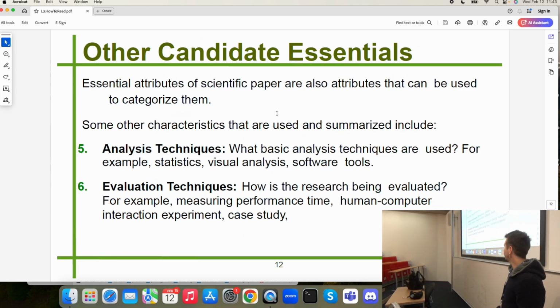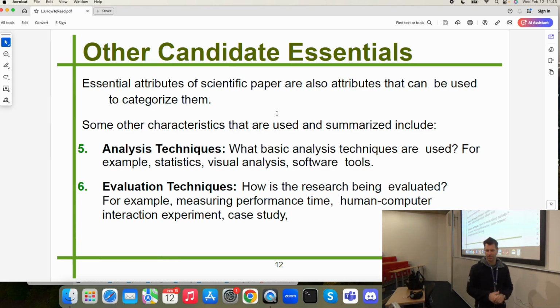There are other characteristics we could include in the template. The ones we looked at are the essential ones. We will also look at analysis and evaluation. So how did the authors actually evaluate their concept, right?